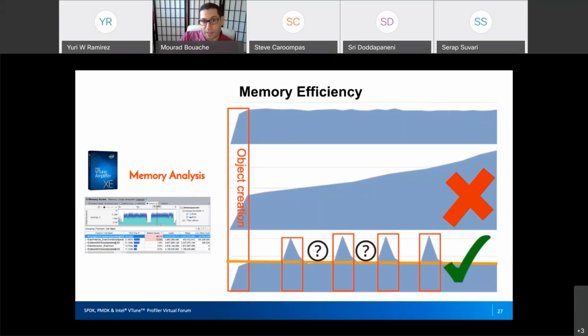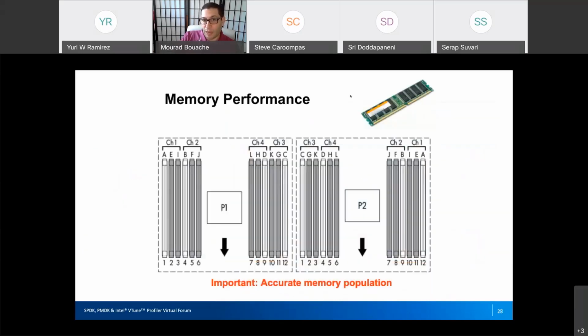One of the things that we use for this is memory analysis through VTune, where we do memory access analysis, which is very helpful in understanding what's happening in memory when we are running a specific application or workload. Memory population is important, so accurate memory population will have a good impact on performance.